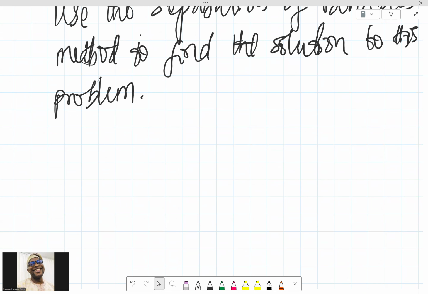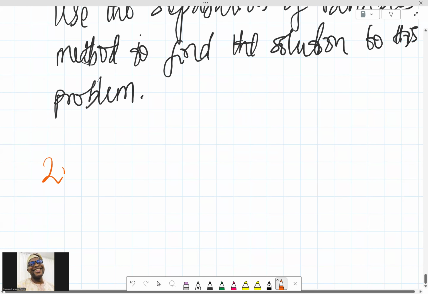Okay, the other thing we want to talk about is something in polar form. When you change coordinates, things can become really complicated, like we saw yesterday for canonical form. So let's look at the second example on Laplace equation in a disk.